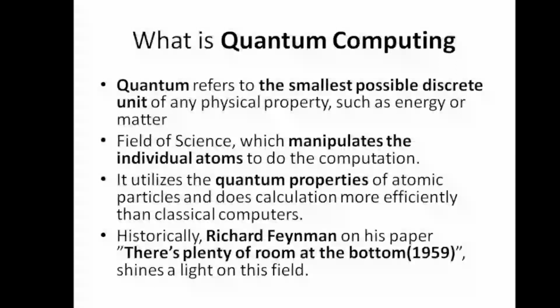From there he gave the idea and this field started, and slowly over the period of time, with the advancement of technology, people have realized a fully working quantum computer.